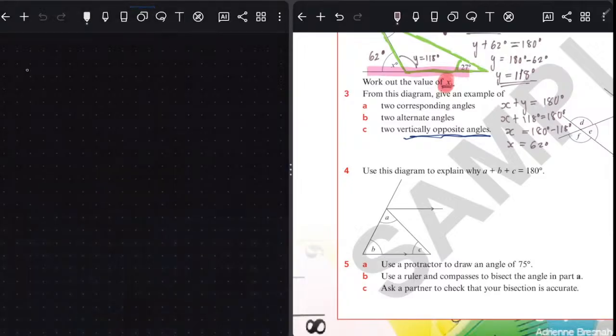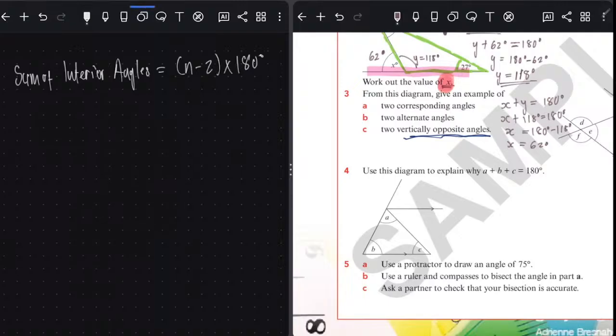Remember, you are going to write the formula also. Sum of interior angles is equal to n minus 2 times 180 degrees 50 times, okay? And label. If you don't label, you're restarting. So you do this, then you label to say number 1. Okay, and you do it 50 times.